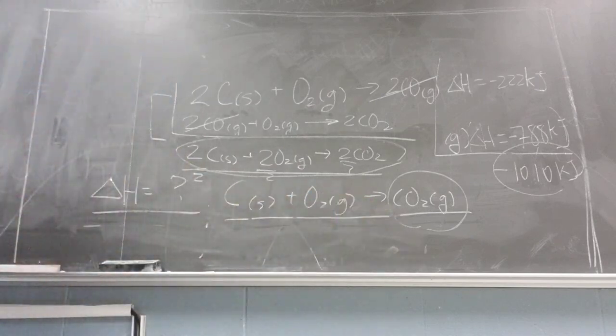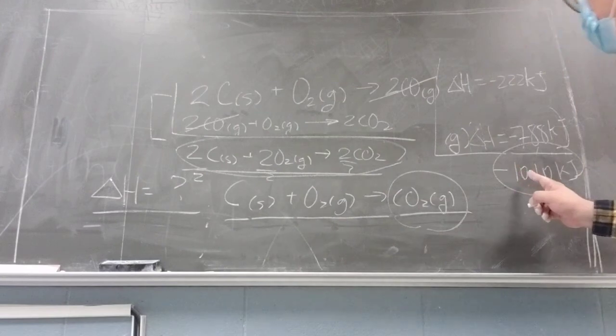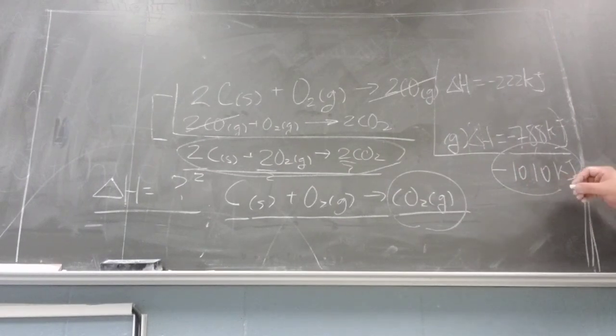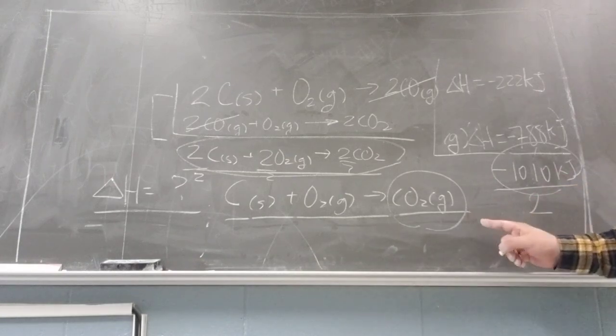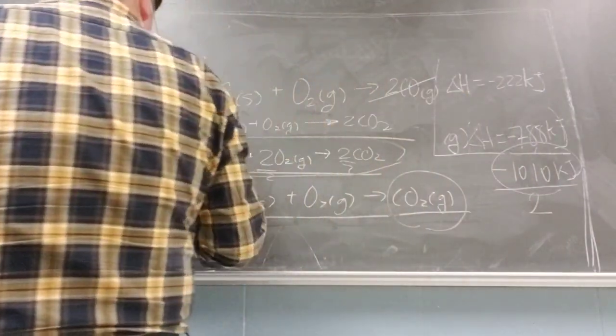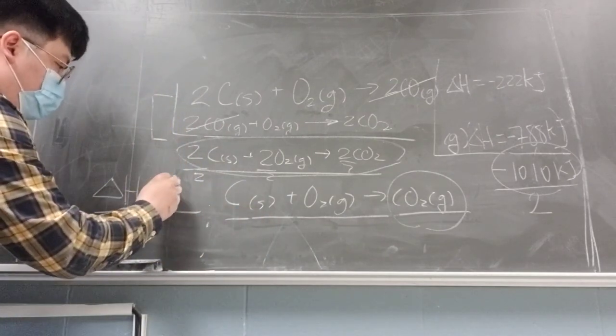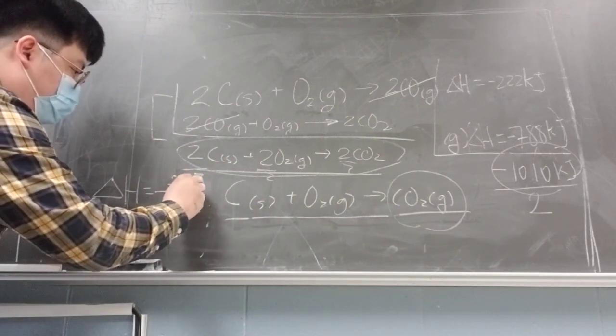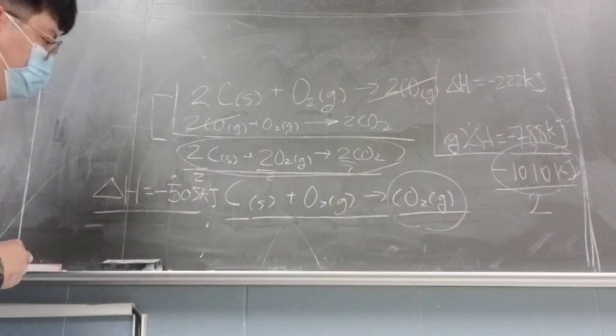So that's what you're wanting to have for the enthalpy change. So you do the same thing on that enthalpy change. Just divide this -1010 by 2. Then you finally have your enthalpy change for the final equation, which is just -505 kilojoules.